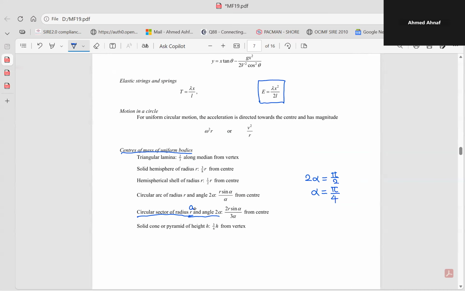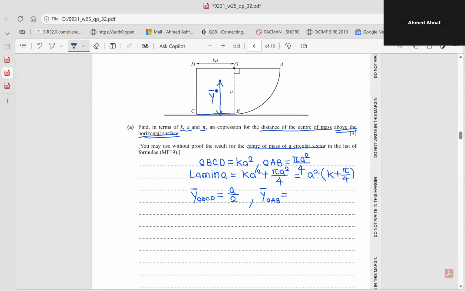We're told the center of mass is 2r sine alpha over 3 alpha from the center. Let me draw the arrow here.